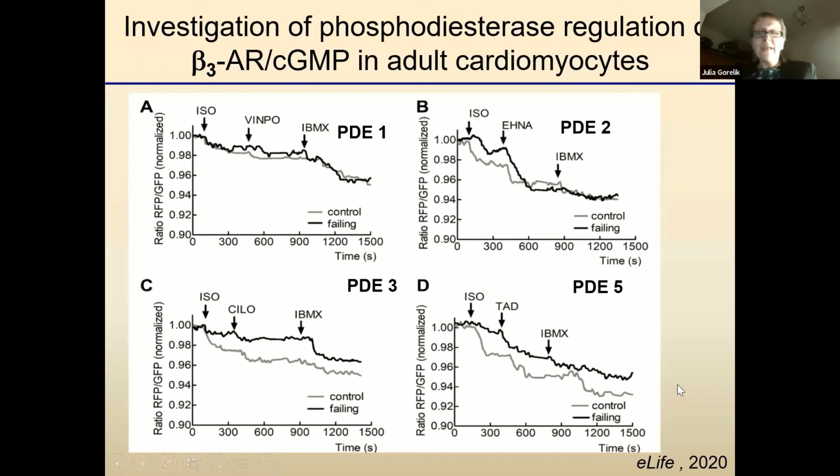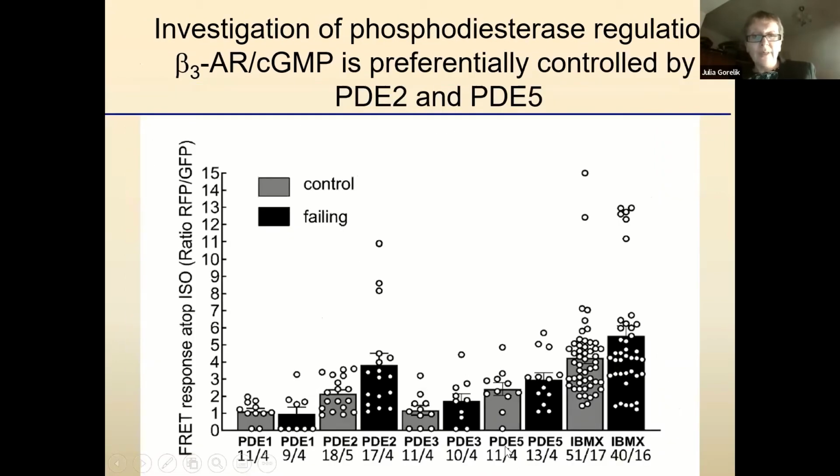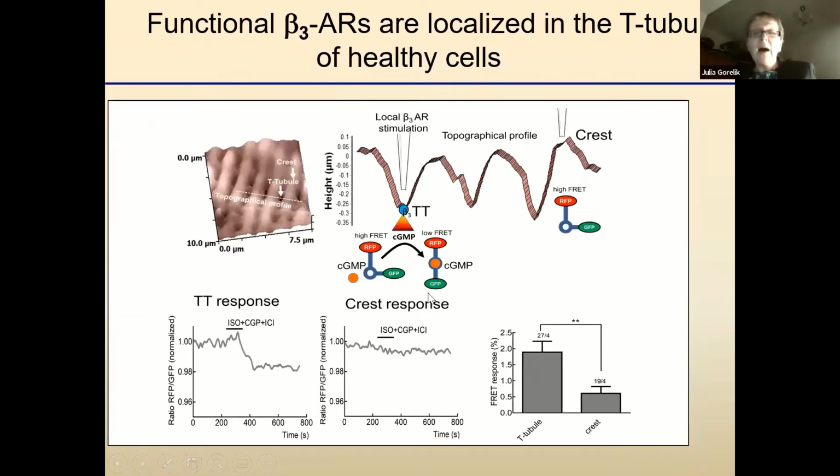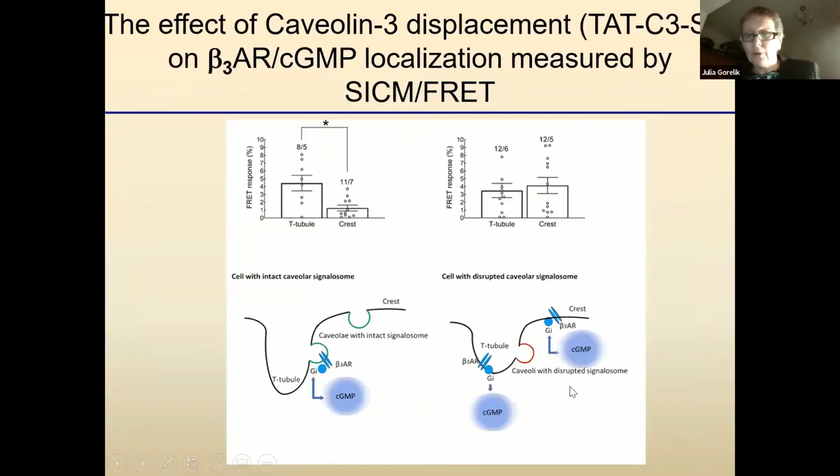We also checked the activity of the main PDEs in this process, and we found the main PDEs are PDE2 and PDE5, and PDE2 increased during heart failure. After that, we tried local application of beta-3 stimulation, and we found beta-3 active in the T-tubules and not in the crest.